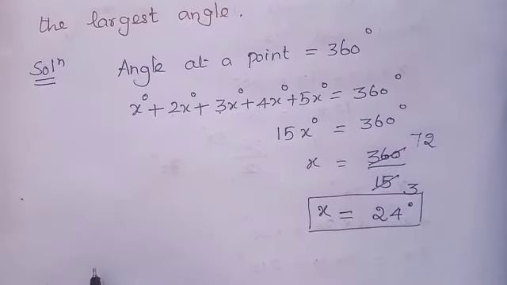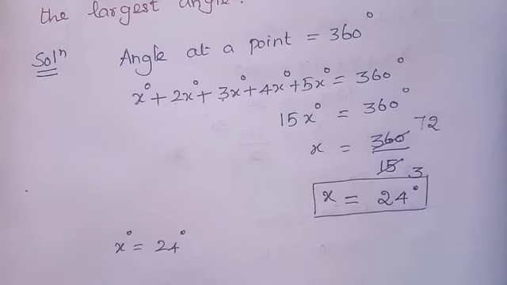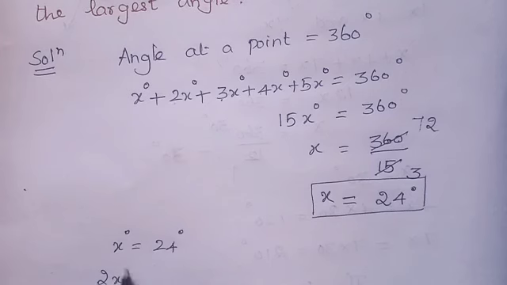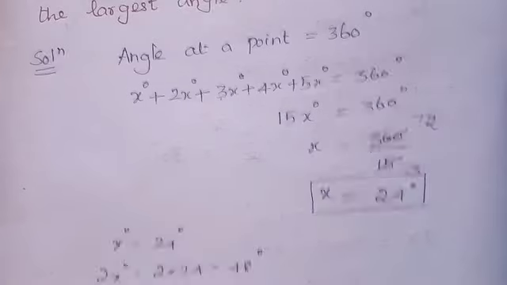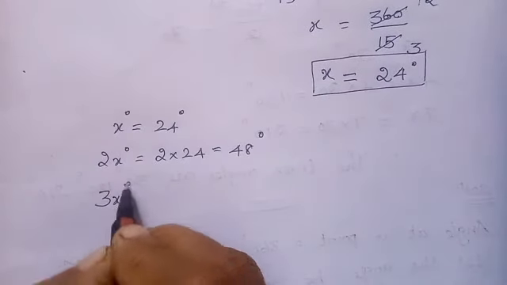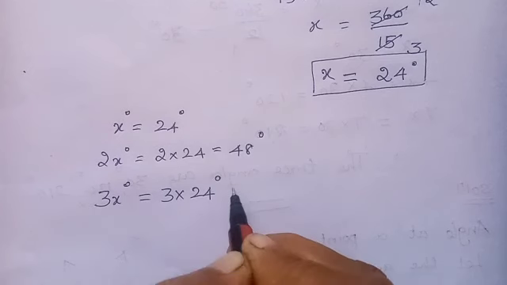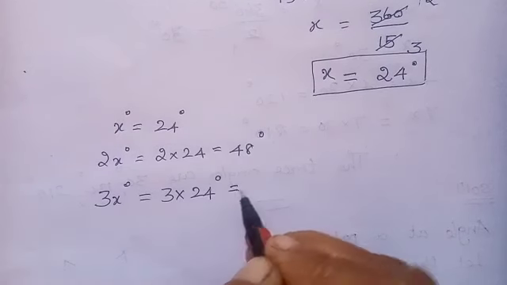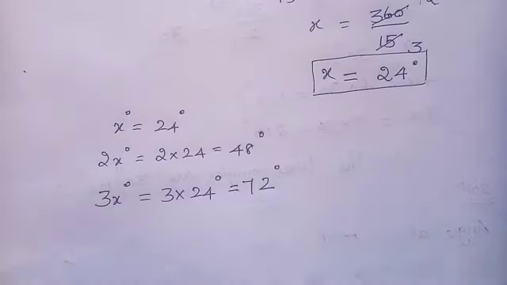The first angle is x degree. x degree equals how much? 24 degree. The second angle is what? 2x degree equals 2 into 24 equals 48 degree. Next, the third angle, 3x degree, is equal to 3 into 24 degree, equal to what? 72 degree.